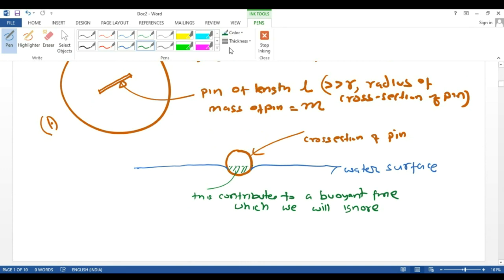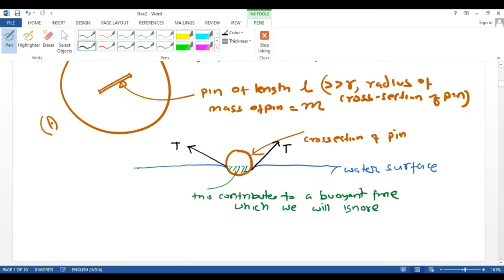Now if you look at the forces here, this is surface tension. I hope you can see that it is just the cross section of what we are doing here. This force of tension is present over the entire length of the pin.